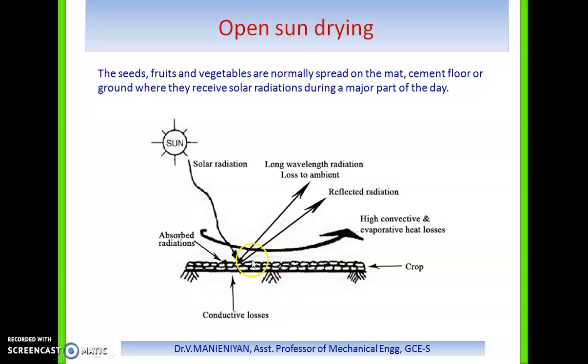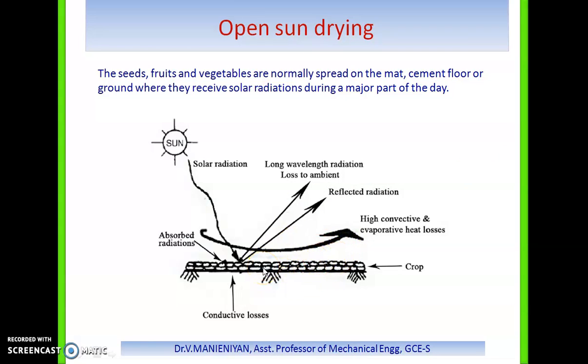A part of the energy is reflected back. The remaining part is absorbed by the crop surface depending upon the color of the crop. The absorbed radiation is converted into thermal energy and the temperature of the crop starts increasing. Long wave radiation results in heat losses due to the blowing wind from the crop surface to the ambient air.